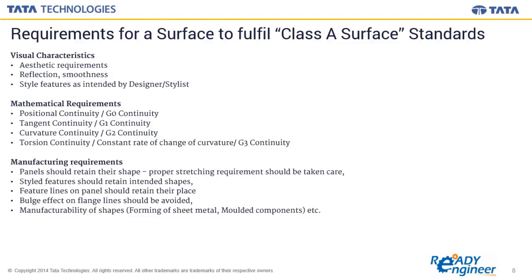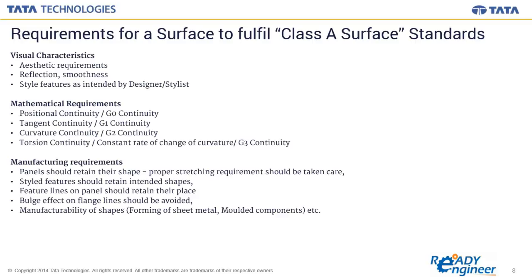Now, these are certain requirements of a surface to fulfill a class A standard. As I said earlier also, there are visual characteristics, mathematical requirements, and manufacturing requirements. These are three areas where a class A surface has to fulfill all the requirements.